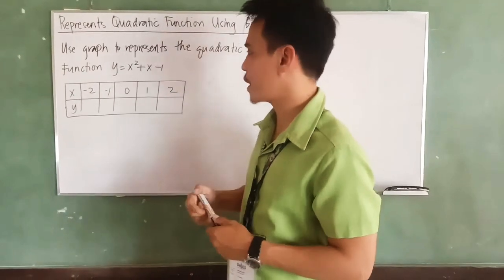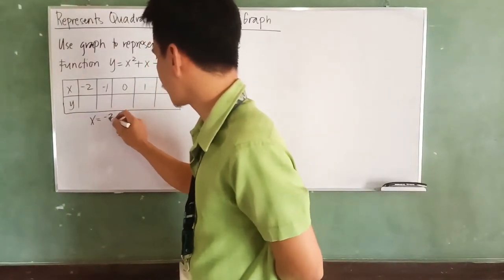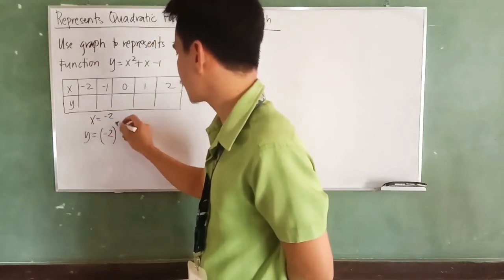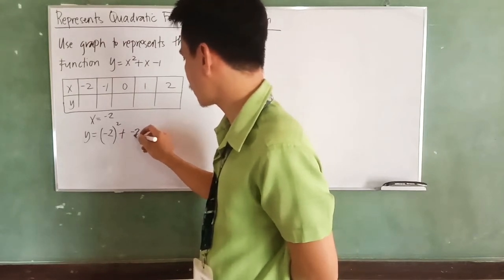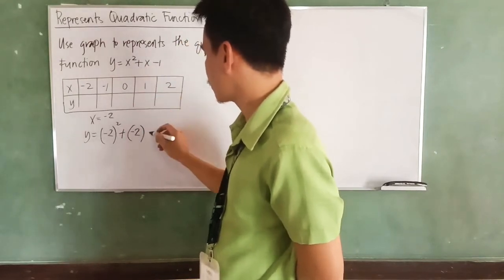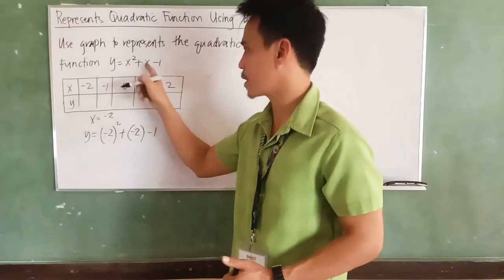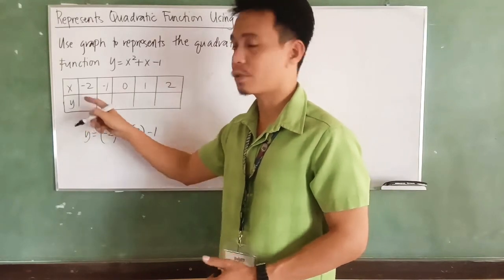So, rightward tayo. So, therefore, your x is negative 2. So, your y there is equal to negative 2 squared plus your x, which is negative 2 minus 1. Okay, ganun lang gagawin natin. Substitute lang natin yung value ng x and compute para makuha natin yung values of y.